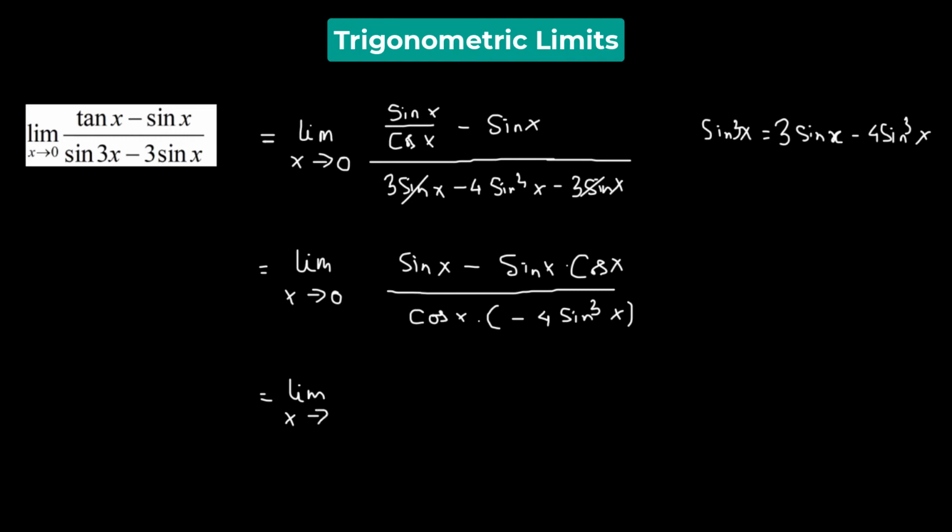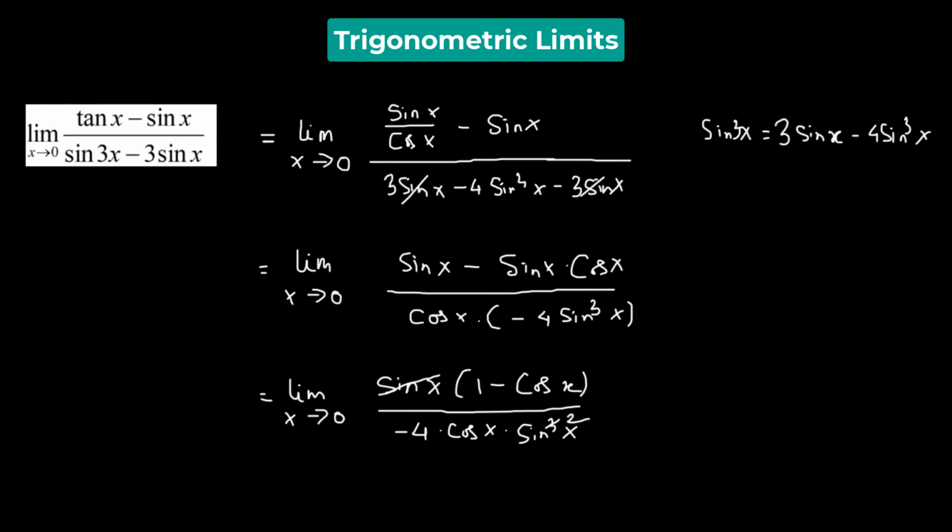We are going to take sine x as the common factor, so that leaves us with 1 minus cosine of x divided by negative 4 times cosine of x times sine cubed x. So we can factor out 1 sine x from the numerator and 1 from the denominator. So we have sine squared x in the denominator.